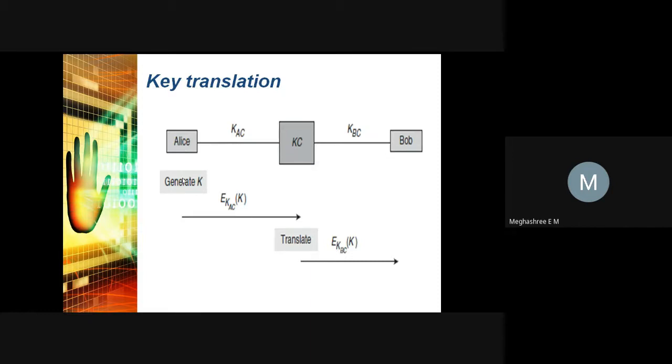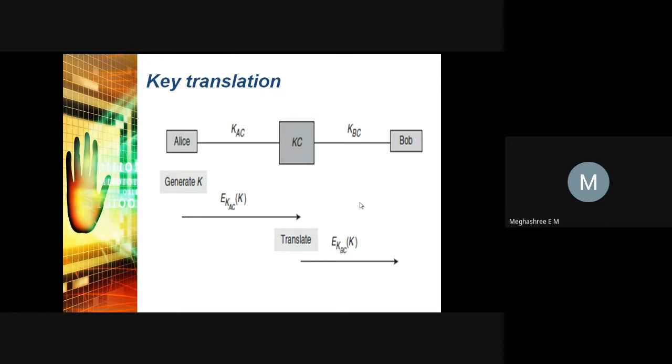K is generated, Alice encrypts it using KAC and sends it to KC. KC first decrypts and then re-encrypts using KBC and sends it to Bob. You can see EKBC of K. Now Bob decrypts the encrypted K using KBC. That is how the keys are distributed between KC and the users.